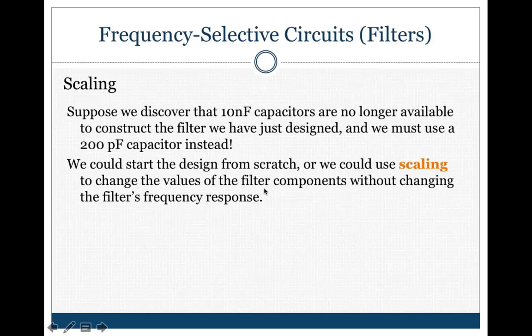Okay, so suppose that we discover that 10 nanofarad capacitors are no longer available to construct a filter that we designed, and we have to use a 200 picofarad capacitor instead. Basically, that's an example of magnitude scaling also, where 10 nanofarads would be your original capacitor value and 200 picofarads would be your new capacitor value.